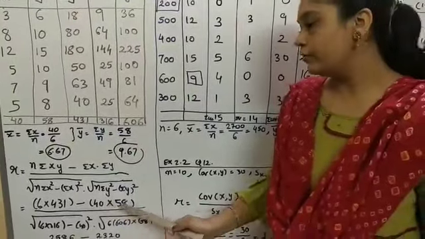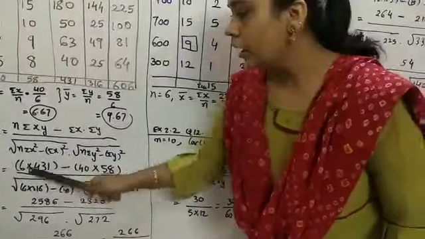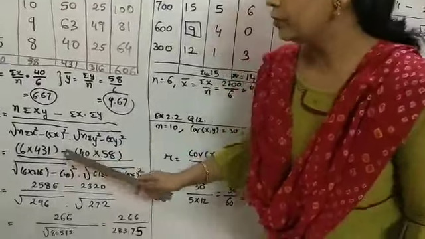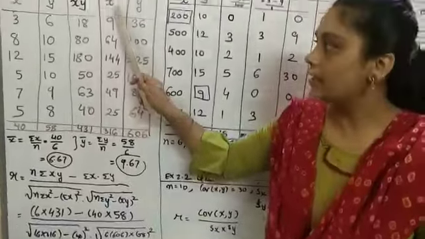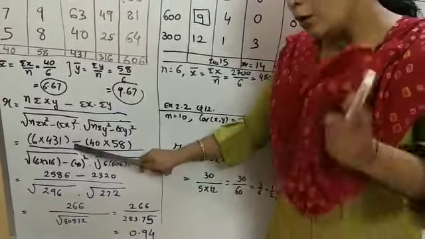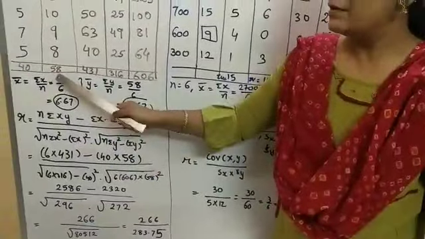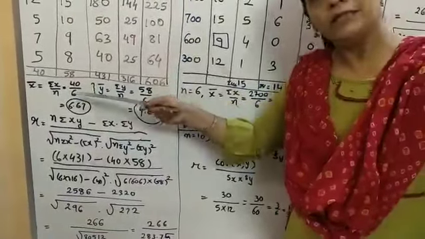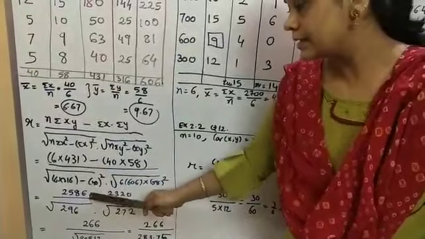So 40 into 58 upon under root again n, that is 6 into sigma x square. Sigma x square, this one column, 316, minus sigma x whole square. This is very important. Sigma x is 40, its square will be 1600.